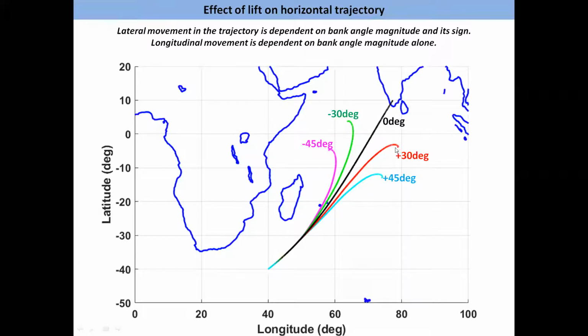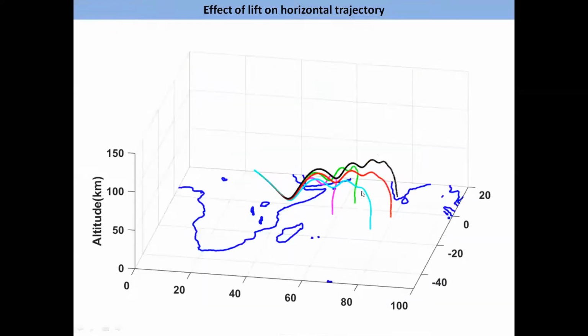Also, you can see that when you have a bank angle, since the vertical component of lift reduces, it will not travel as much downrange as the zero bank trajectory. And these trajectories are shown in 3D here.